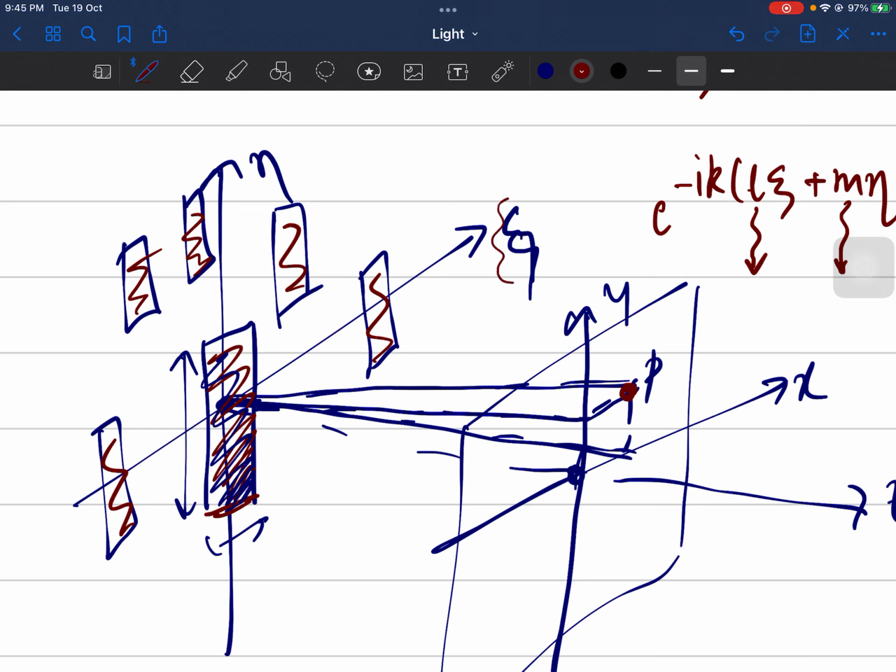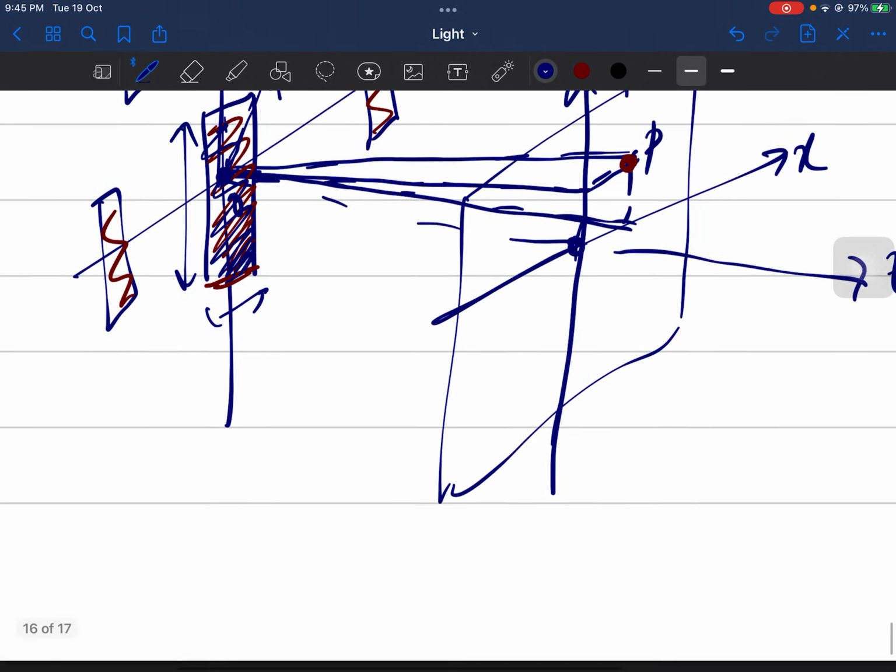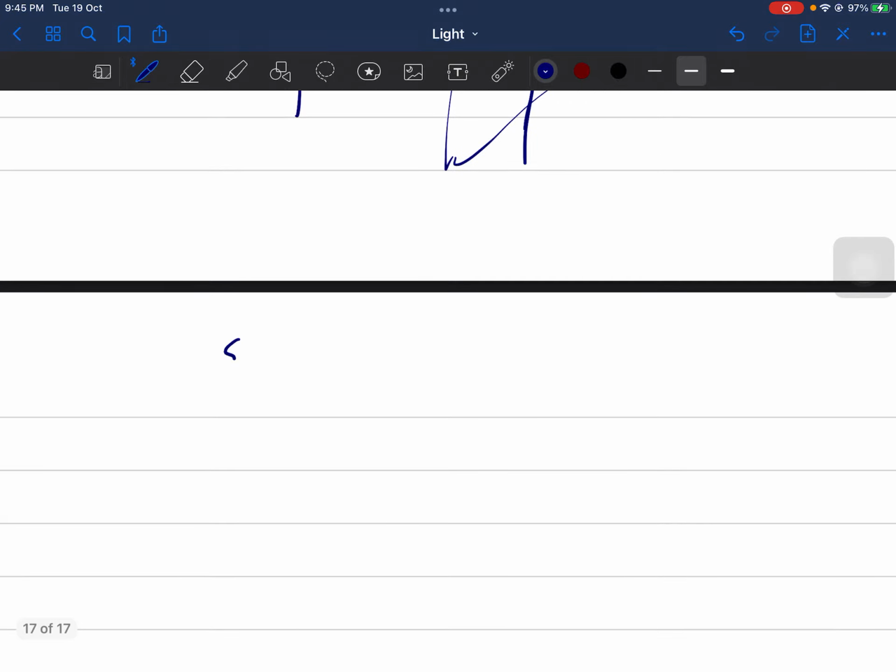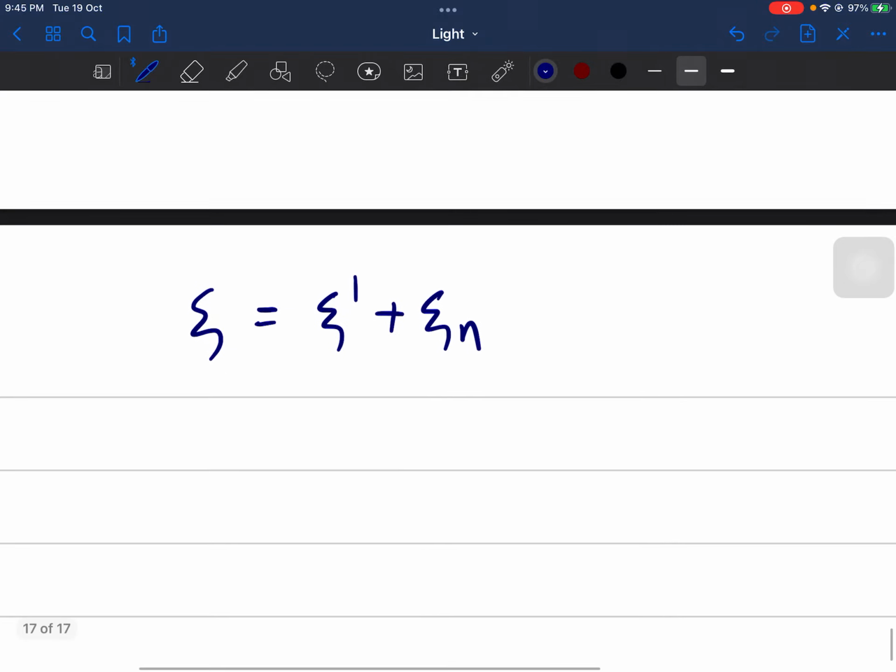We have to explicitly write xi of this slit from here. This is the origin, right? This is a standard slit and its origin is here. We need to write it somehow in terms of this. Okay, this is xi comma eta, just a general coordinate. To do that we write xi equals xi prime plus xi n.